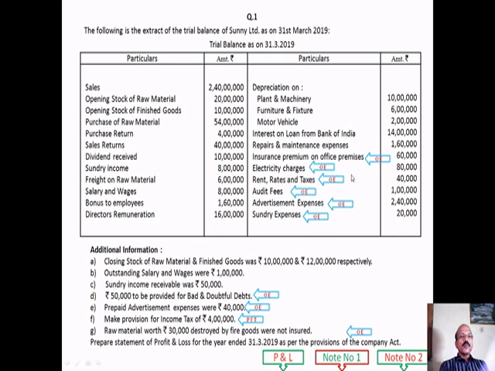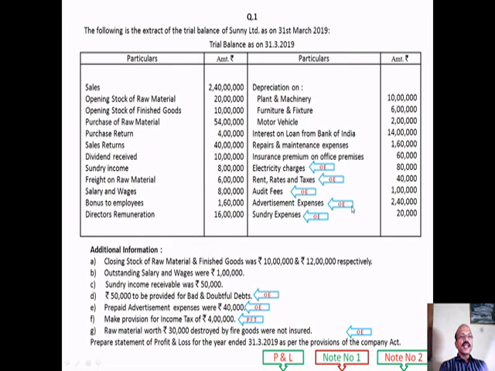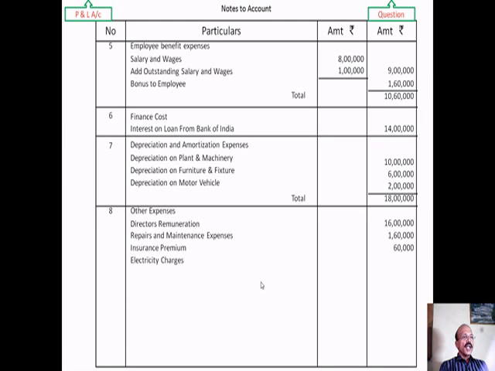So the next item of our question is insurance premium on office premises, which will be charged in a note. Insurance premium is 60,000. After that, we have the next item, electricity charges, 80,000, which will be taken care of here.